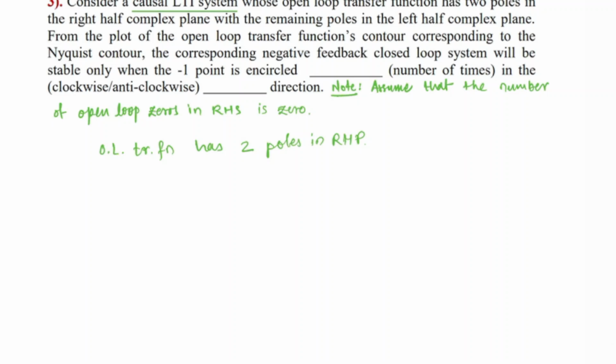So we'll do NC as Z minus P. So that would be 0 minus 2. So that is minus 2. So we are encircling minus 1 twice in the counterclockwise direction.